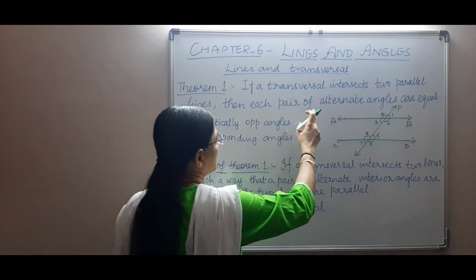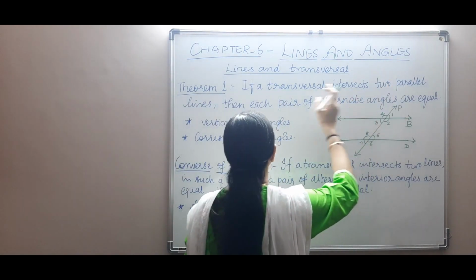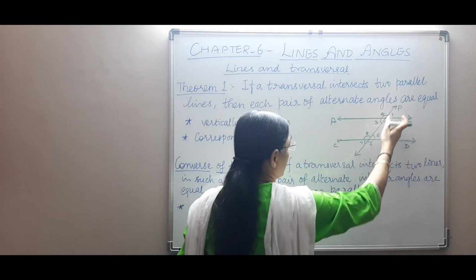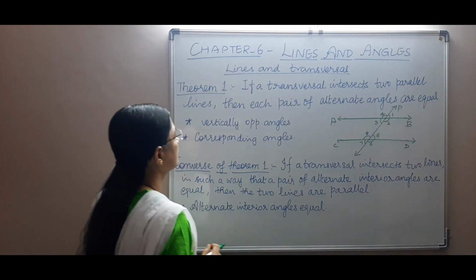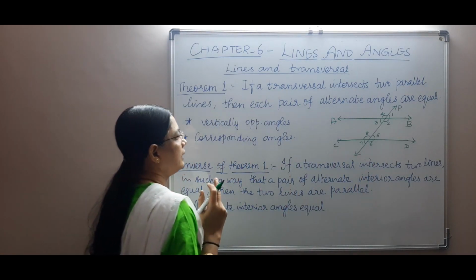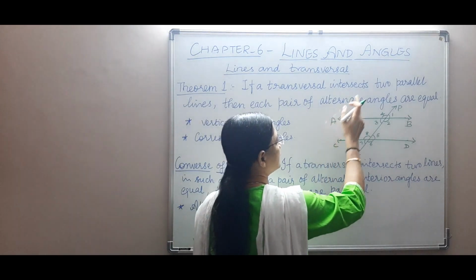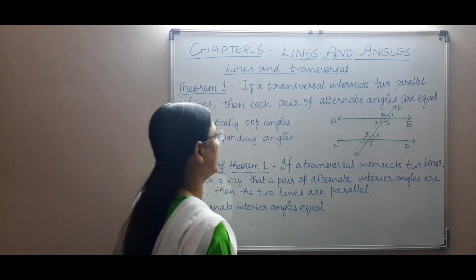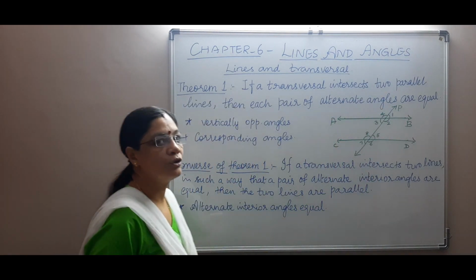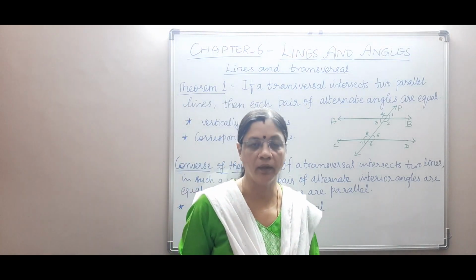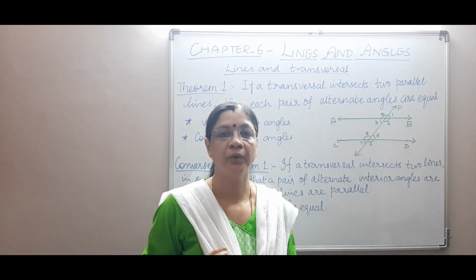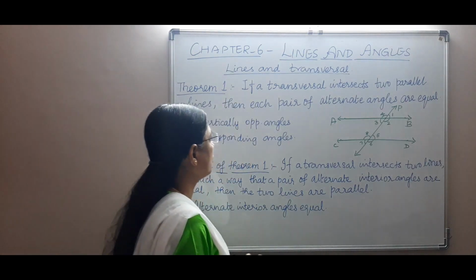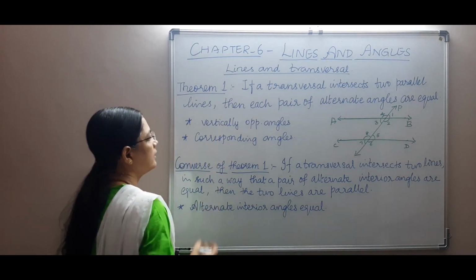If a transversal intersects two parallel lines, then each pair of alternate angles are equal. Here we'll take it as interior alternate angles. Okay, so alternate interior angles are equal.